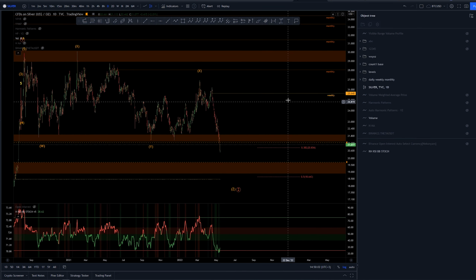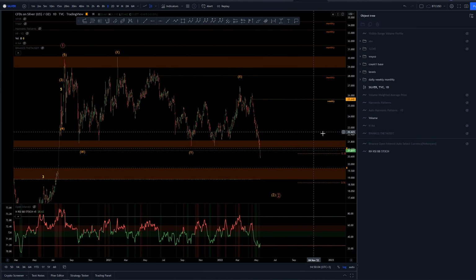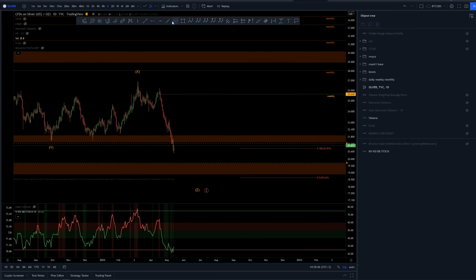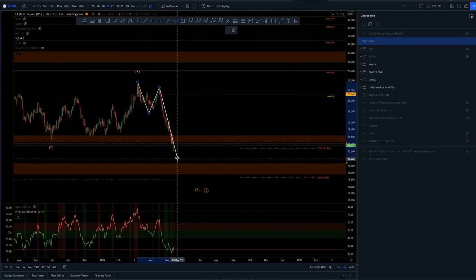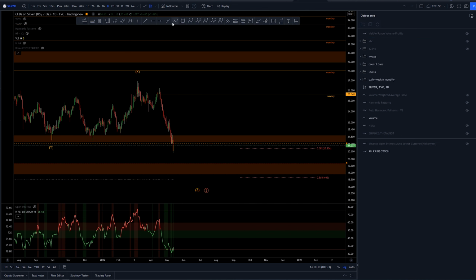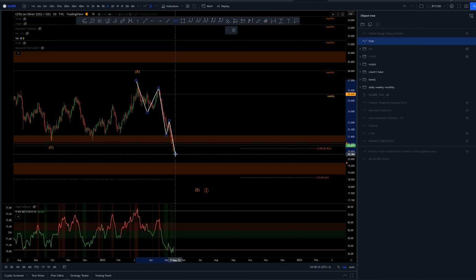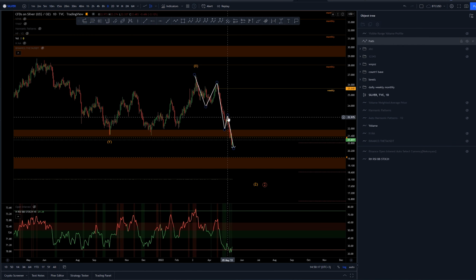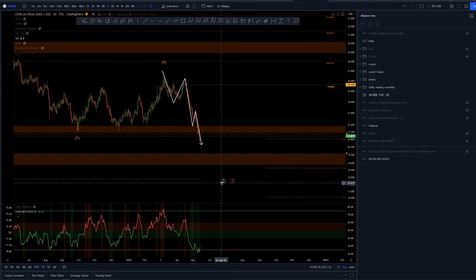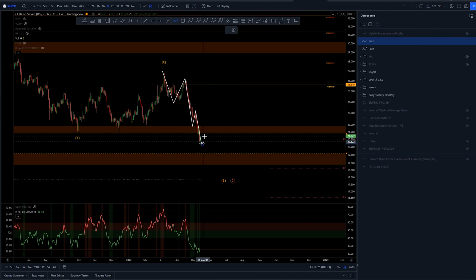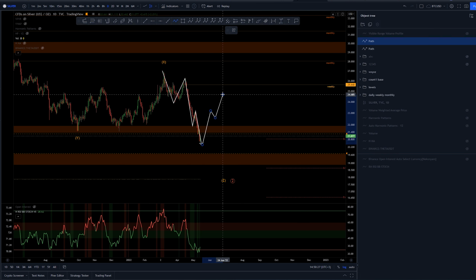So again, there are two possibilities for this last leg. Either we can consider this as a 3-wave move, or we can consider this as a 5-wave move. If it is a 5-wave move, we are expecting a 3-wave move for the Z wave, so 3 waves up and then again 5 waves down.